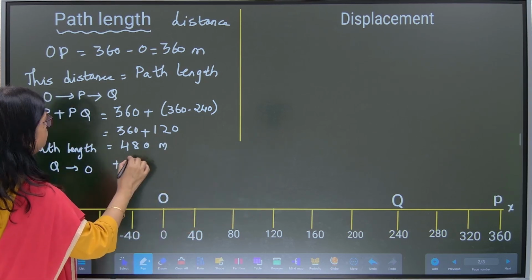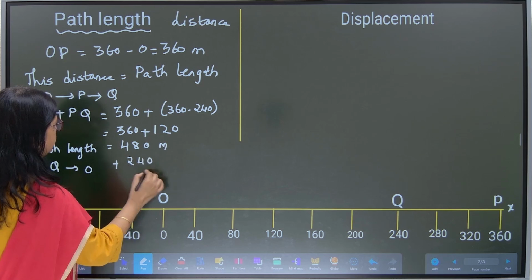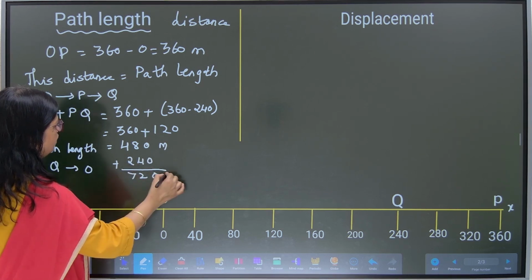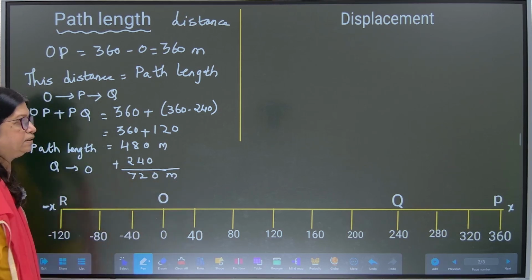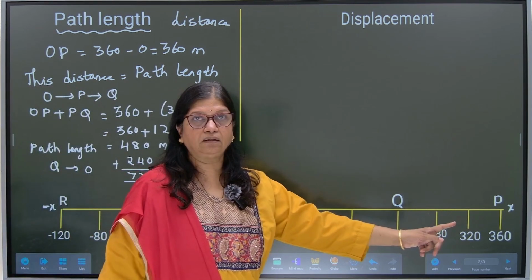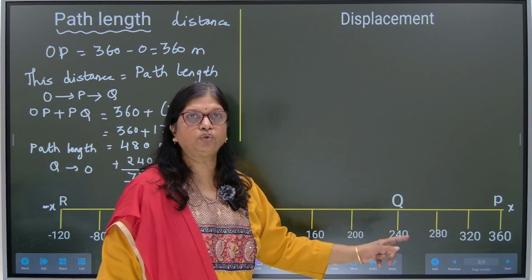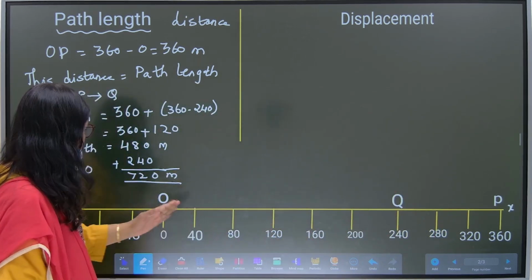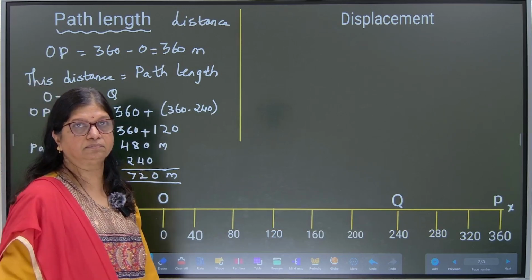That is how much, 240 I have to add. So what is my answer here? 720 meters is the total distance travelled by the body from O to P and P to Q and Q back to O. It can even go further to R, then I add another 120.